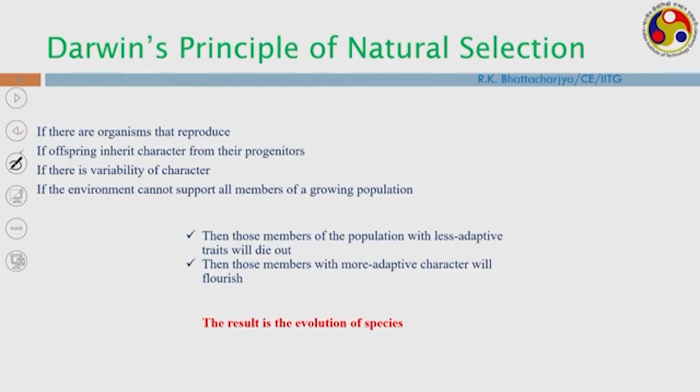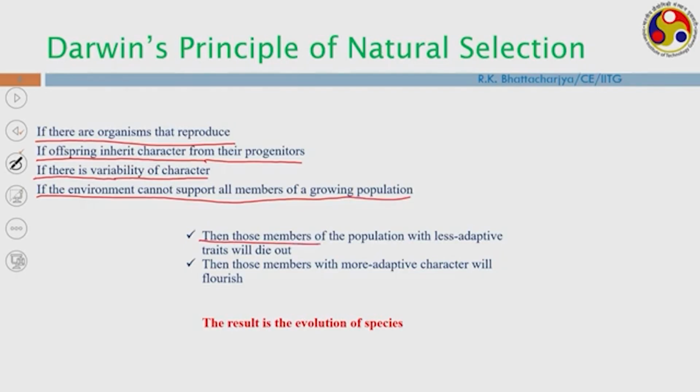Now, what is Darwin's principle of natural selection? The principle says that if there are organisms that reproduce, if offspring inherit characters from their progenitors, so whatever characteristics they have, they inherited from their parents, if there is variability of character among the individuals of the population, and if the environment cannot support all the members of the growing population, then what will happen?